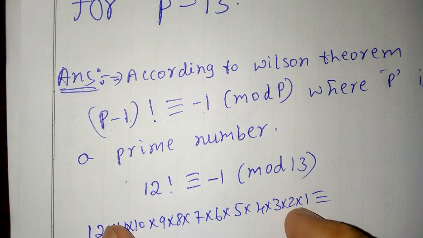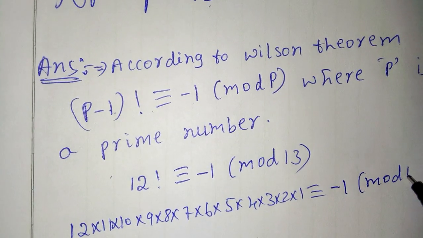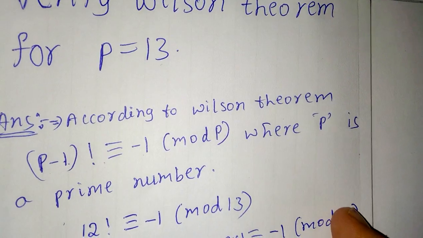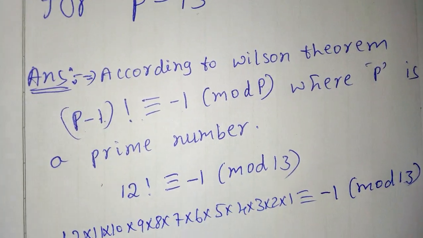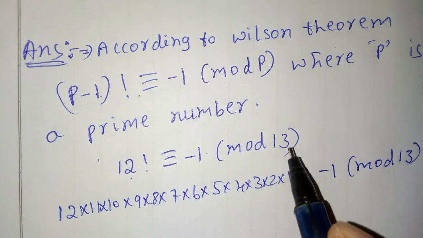This is 12 factorial and minus 1 congruent mod 13. We have to prove that 12 factorial and minus 1 are congruent mod 13.